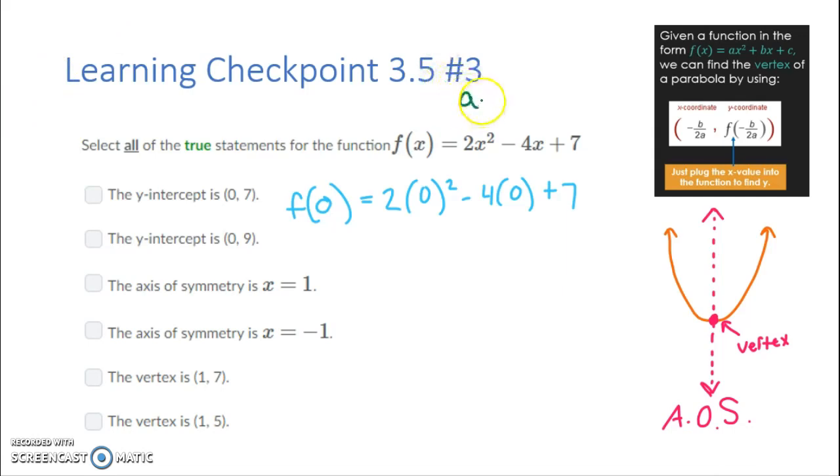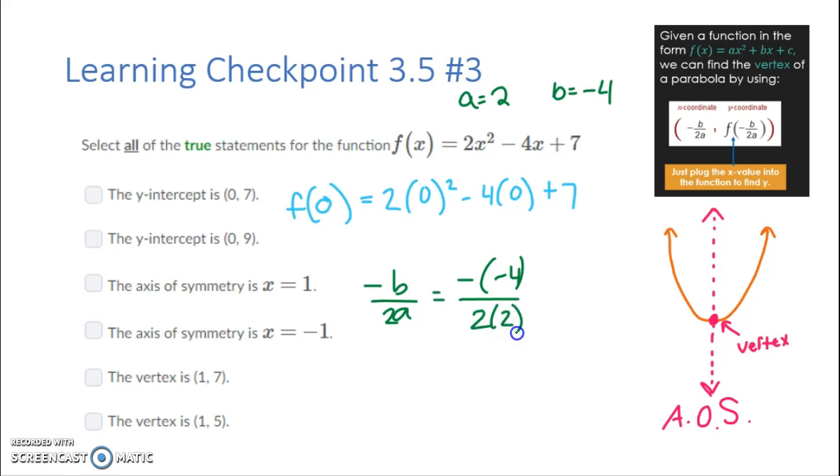I know that a is my first coefficient, b is going to be my second coefficient, and now I'm ready to plug in. If I do negative b over 2 times a, I'm going to do the opposite of b over 2 times a.